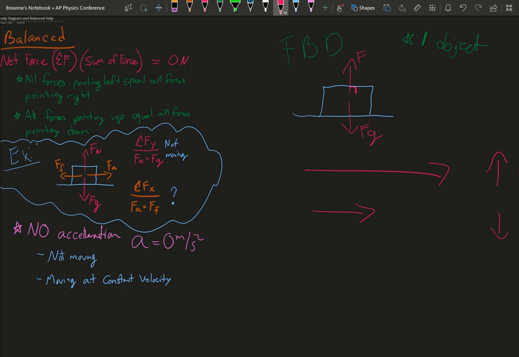So your force of normal always points perpendicular to the surface. And since, again, we have a box sitting on the ground, that force of gravity is trying to pull the box through the ground, but the ground is overpowering the force of gravity, so they should be balanced. The table is preventing the box from going through the table. So the forces are balanced.